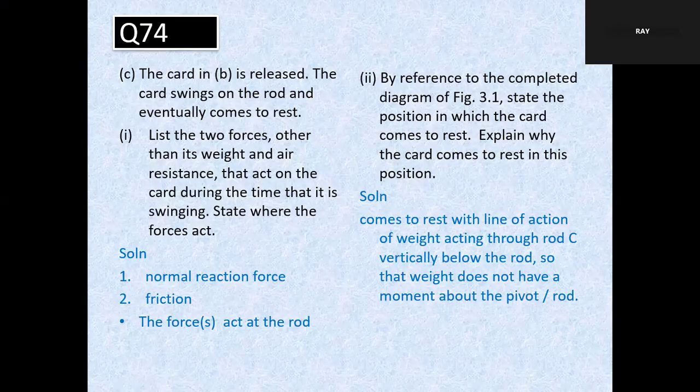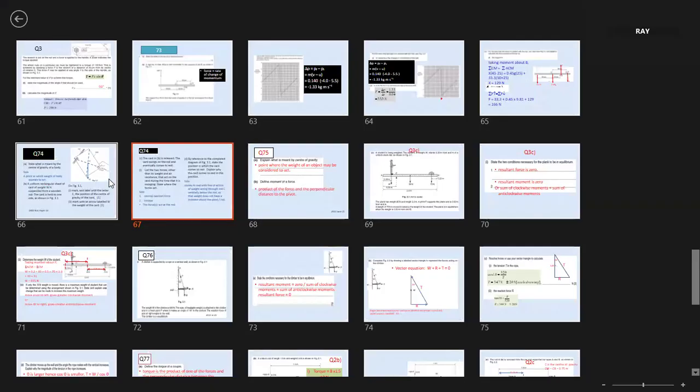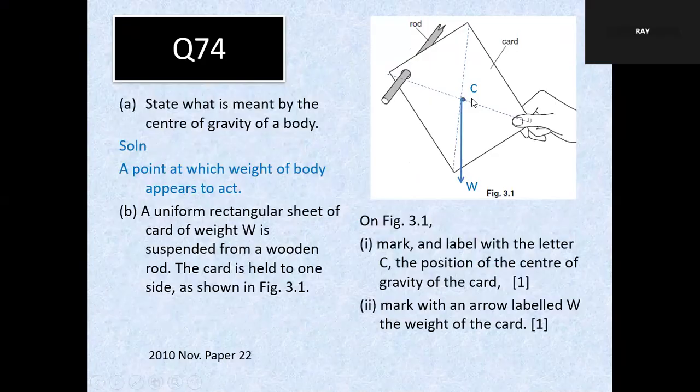It means it comes to rest when there's no resultant moment about the pivot. This one is not in equilibrium, so it will swing until the center of gravity is just below the rod, and then the weight is directly there.